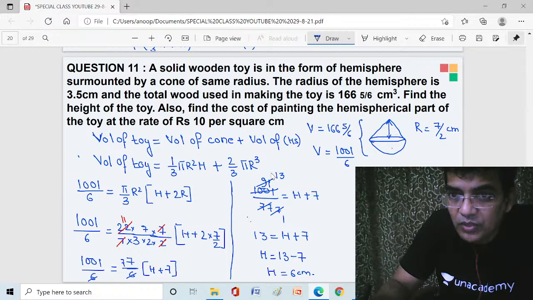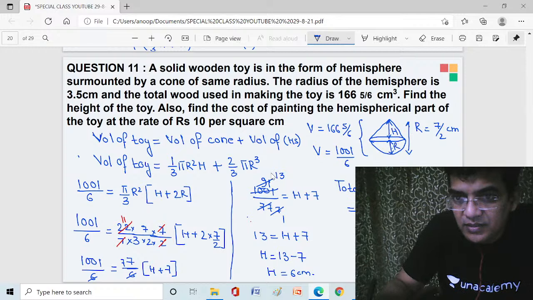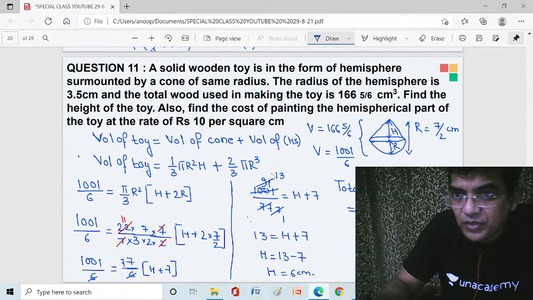So height of cone plus radius of hemisphere. Height of cone we have calculated here, 6, and radius is known to us as 7 upon 2. So 6 plus 3.5, that will make it 9.5 centimeter.